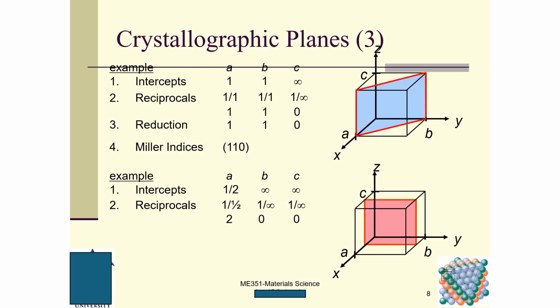Then for the second step, we take the reciprocals of these three intercepts and get 1 over 1/2, 1 over infinity, 1 over infinity. We know that 1 over 1/2 equals 2, 1 over infinity is 0, and this also is 0. So after reduction, we have 2, 0, 0.